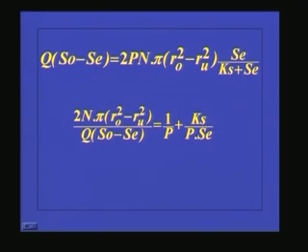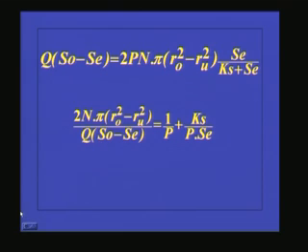Or we can write like this: take this term this side and take the inverse, then 1 by P plus Ks by P into Sc is equal to 2N into pi into R naught squared minus Ru squared by Q into S naught by Sc.